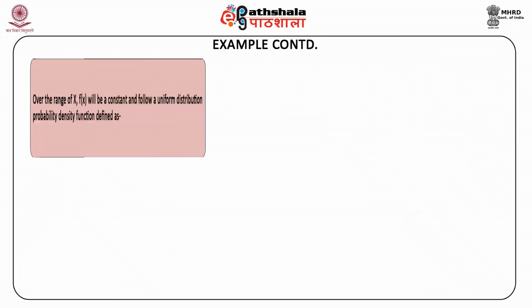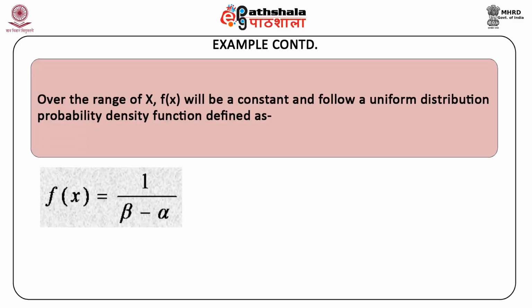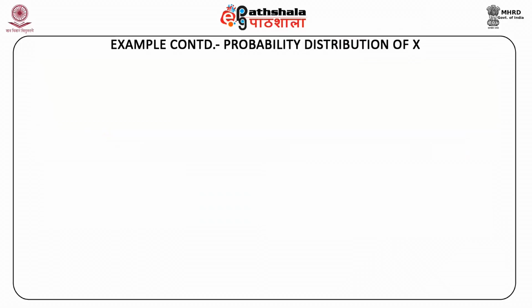This means that over the range of x, f(x) will be a constant and follow a uniform distribution probability density function defined as f(x) equal to 1 upon (beta minus alpha) for 0 less than x less than or equal to 2, which is equal to 1 upon (2 minus 0), which is further equal to 1 upon 2.